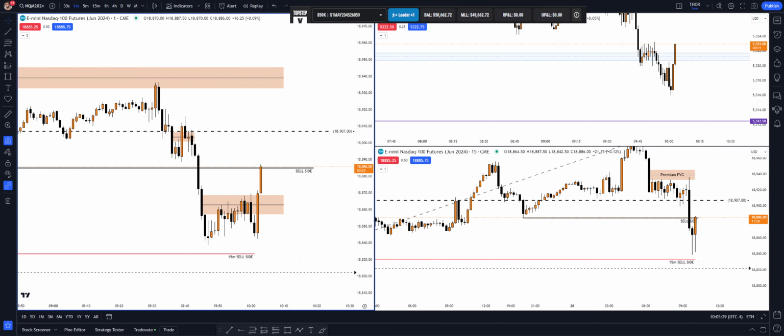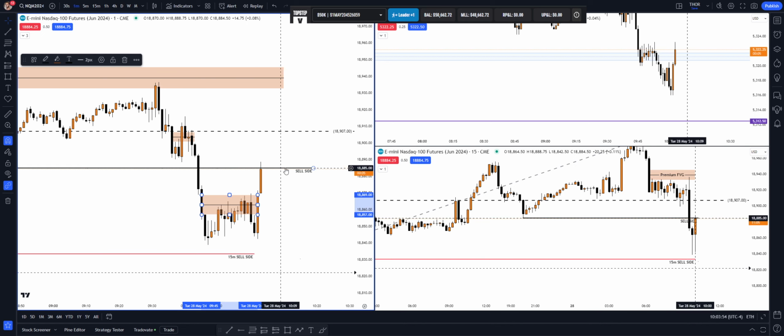Here's the moment of truth. So I want to see an algorithmic delivery here. I want to see 1 minute candles staying below the sell side there.